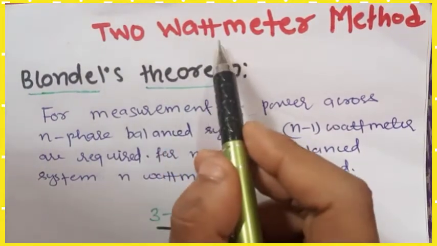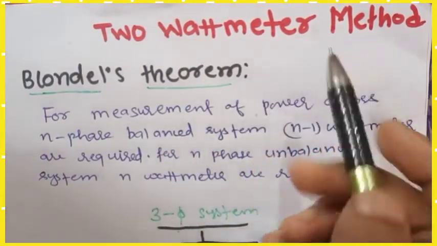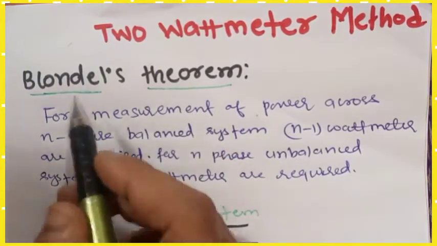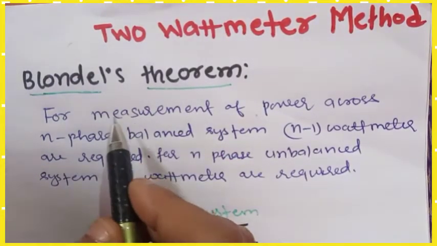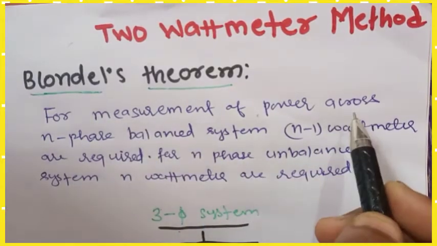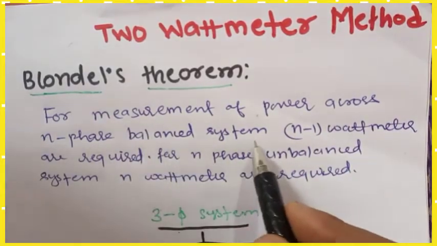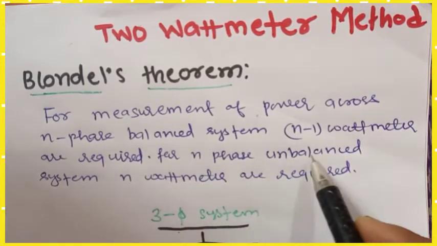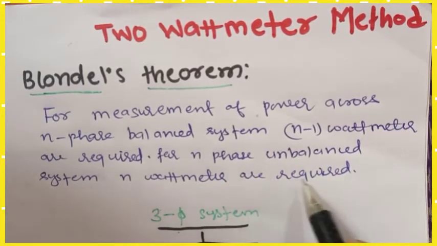To know the 2 wattmeter method, first we have to know what Blondel's theorem is. Blondel's theorem says that for the measurement of power across an n-phase balanced system, n-1 wattmeters are required, and for an n-phase unbalanced system, n wattmeters are required.